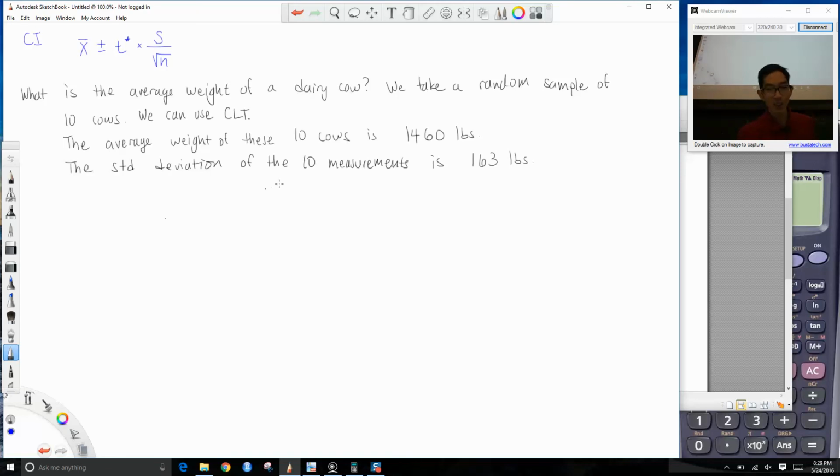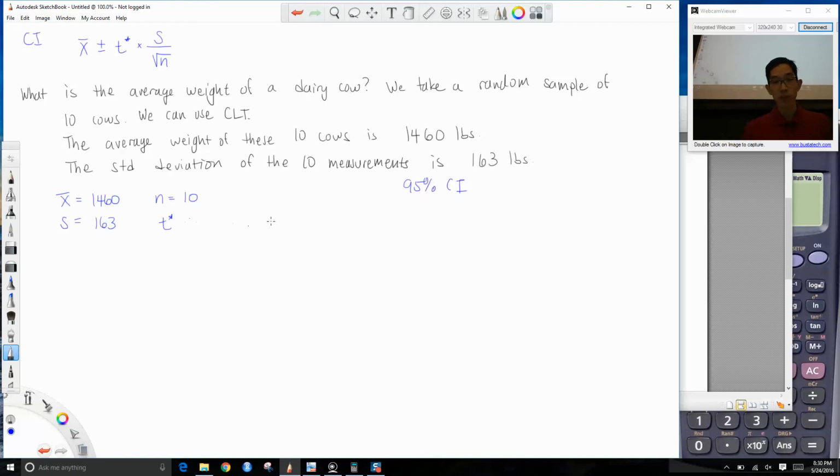Okay, so let's identify the information we have. What is the x bar? My sample mean, 1460. What is s? 163. What is my n? 10. So what is my t star that I'm going to use? Let's say we're going to make a 95% confidence interval.